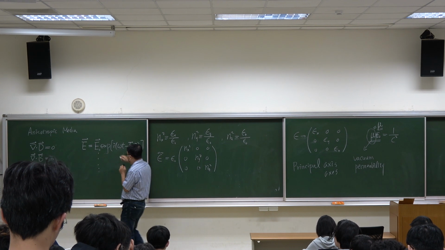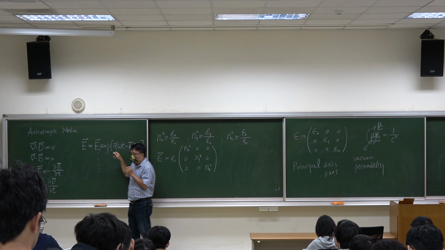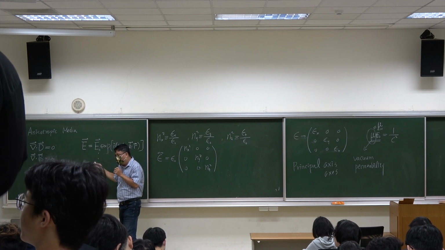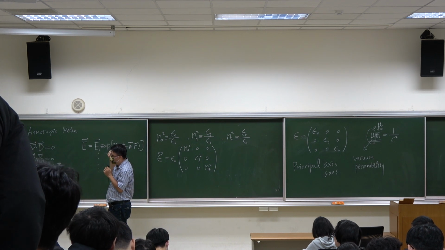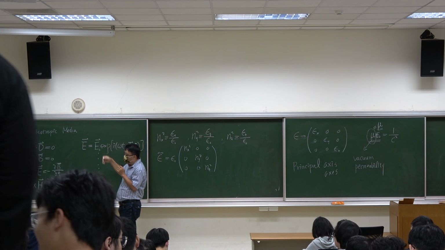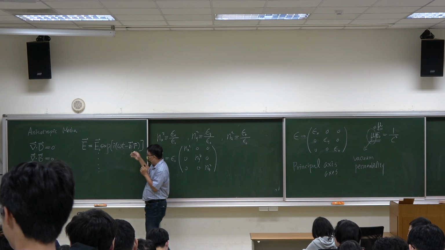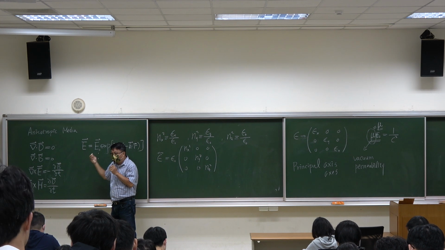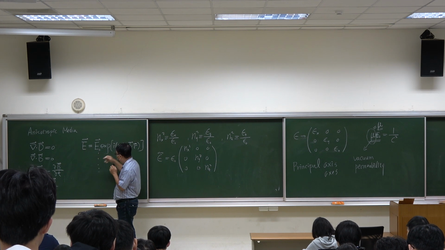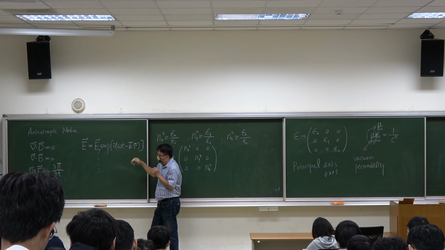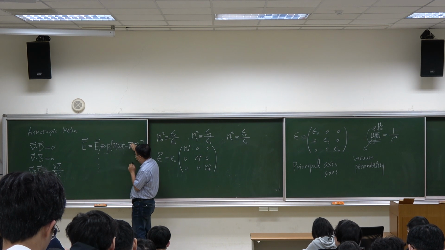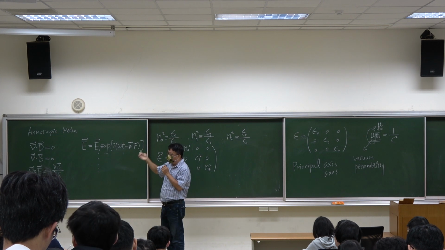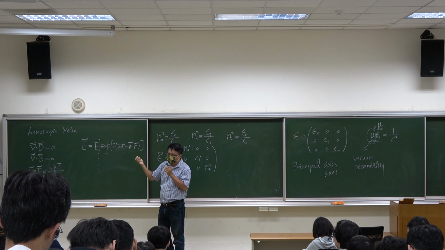Okay? Because if you consider cosine or sine, the differentiation of cosine is proportional to sine. And you must do the same operation once again, then you get the original cosine. Okay, but for exponential, every time you do the differentiation, you get a result proportional to the original result.